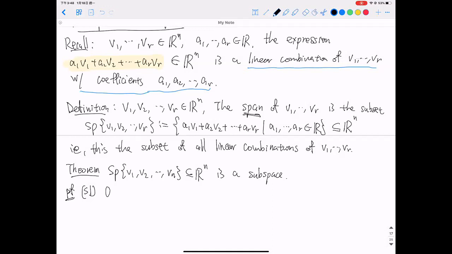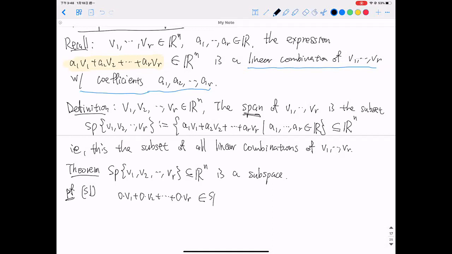In other words, we need the zero vector to be in the span, so we need the zero vector to be a linear combination of these vectors. So we need to write somehow the zero vector as a linear combination of the v1 through vr. That is, we need to choose some numbers a1 through ar for them.